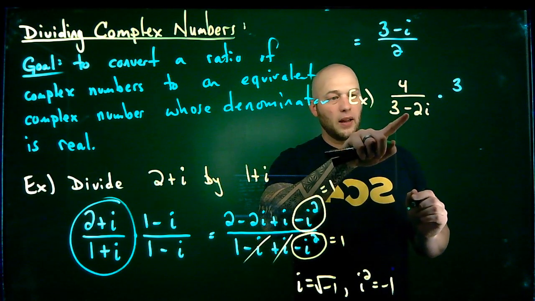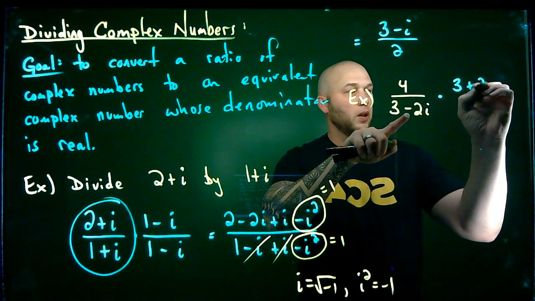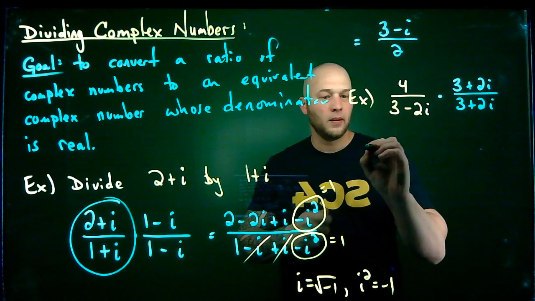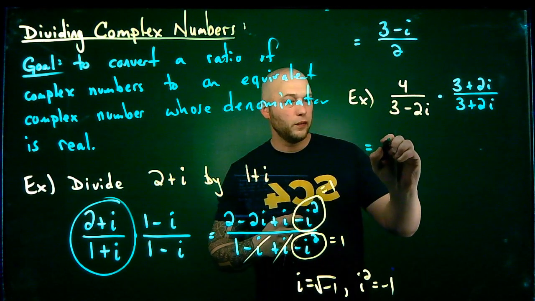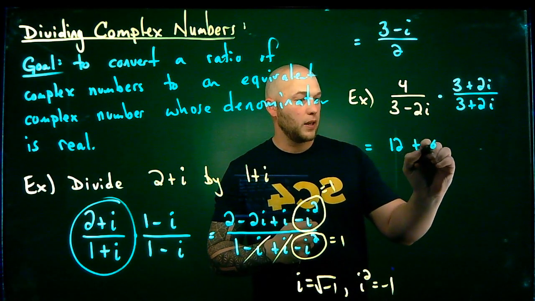Remember, I had mentioned that I just change the sign here, so instead of a minus, I'll have a plus: 3 plus 2i over 3 plus 2i. And I go ahead and multiply that out. 4 and 3 would be 12. 4 and 2 would be 8, so 12 plus 8i.